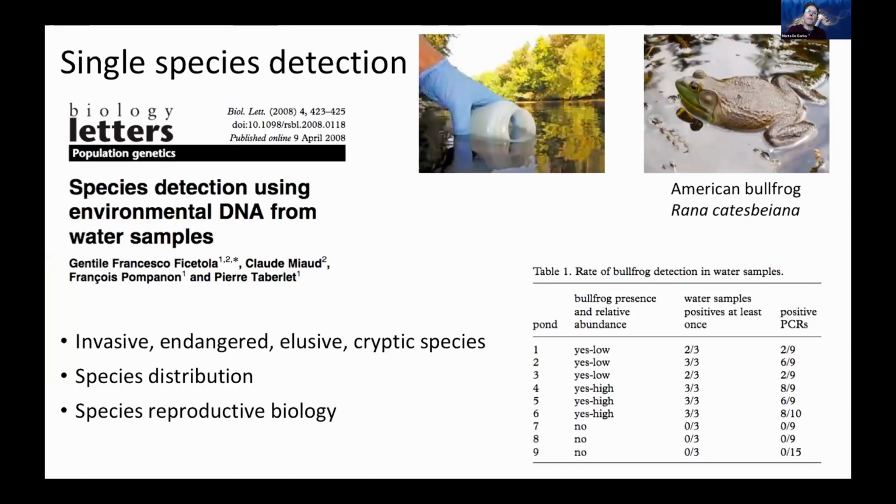So the earlier applications, as I said, concerned mostly the detection of single species. And here I'm giving the example of one of the first seminal studies. Back in 2008, researchers showed that by sampling water from ponds, they were able to detect an invasive species, the American bullfrog, that has been introduced globally and that is now responsible for the decline of several endemic amphibians.